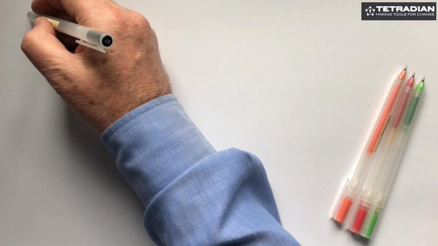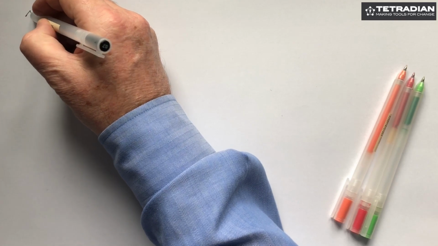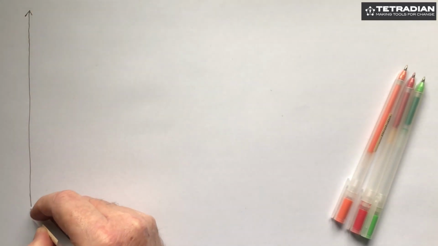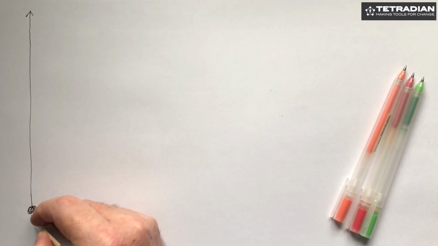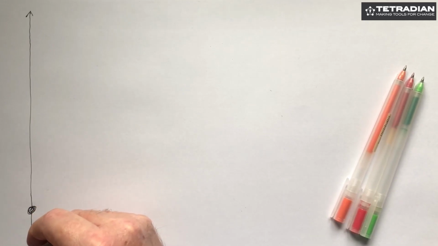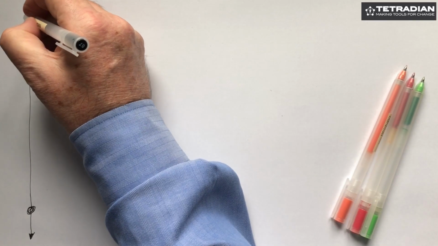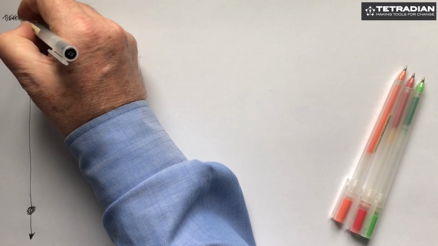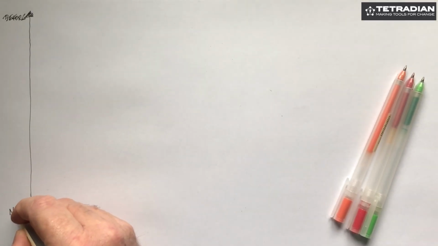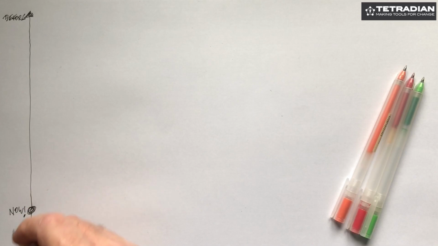So if we draw that simple axis of time coming through to a now and then onwards into what will become the after. So we're going from before to the now and then the after.